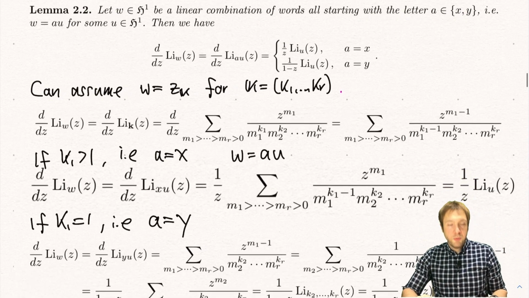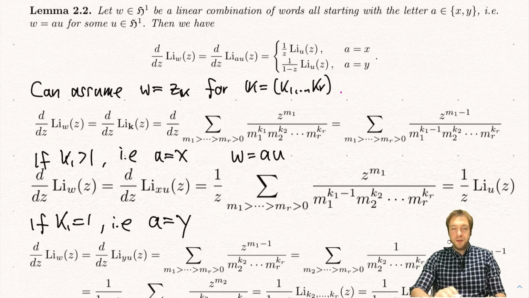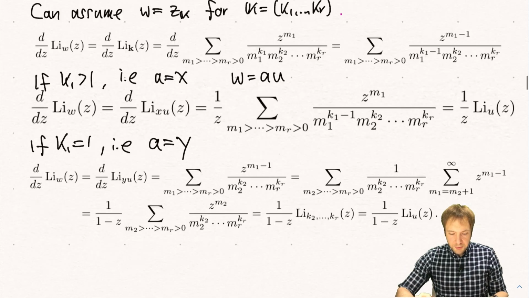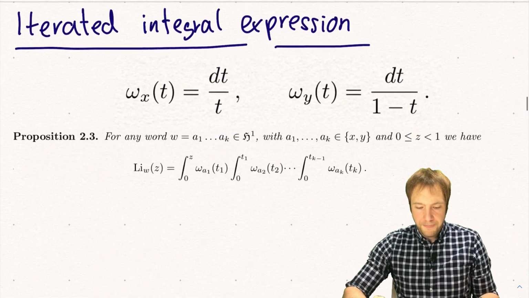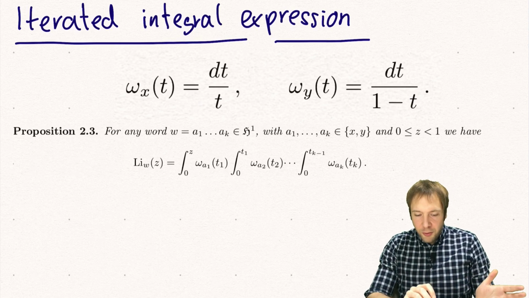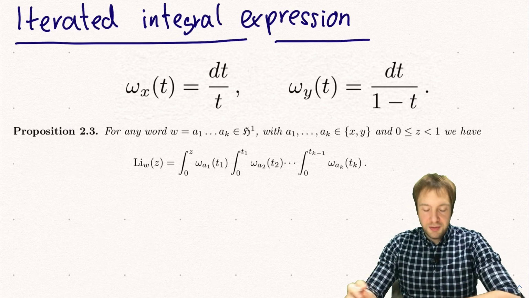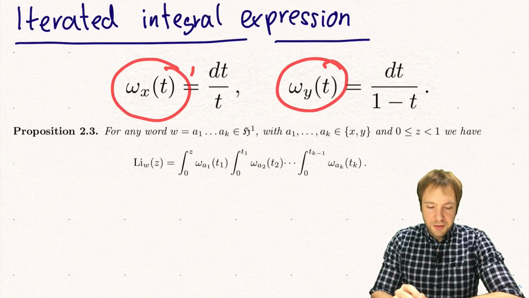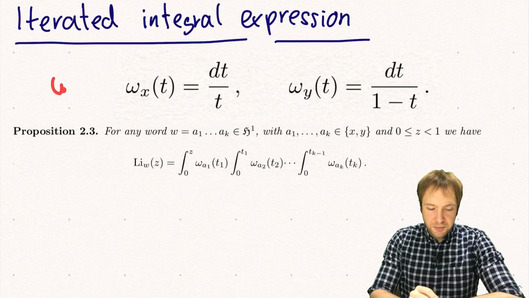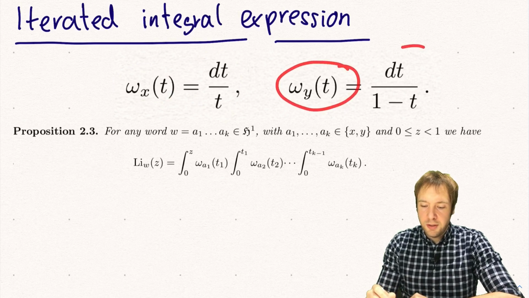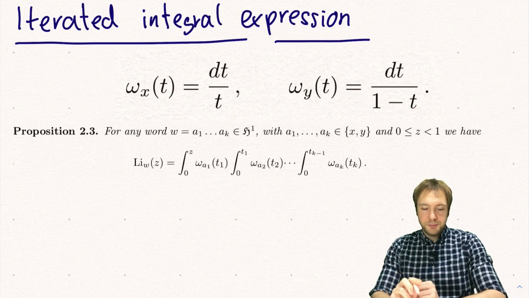Okay, and now we want to use this lemma to prove the iterated integral expression for these multiple polylogarithms. And for this, we make some notation here. So as I already said, we are interested in two differential forms, omega x and omega y. So it's omega depending on a letter, omega a. So omega of x is dt over t, and omega of y is dt over 1 minus t.